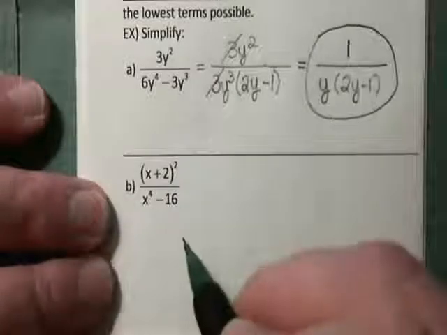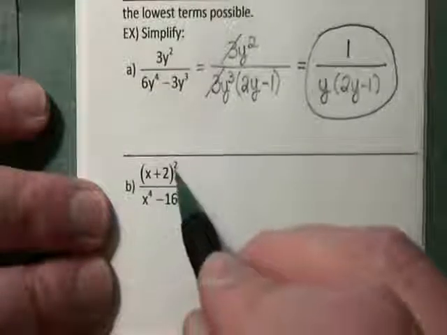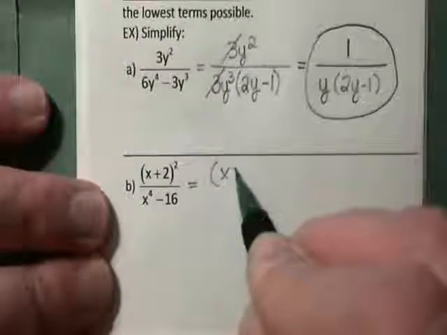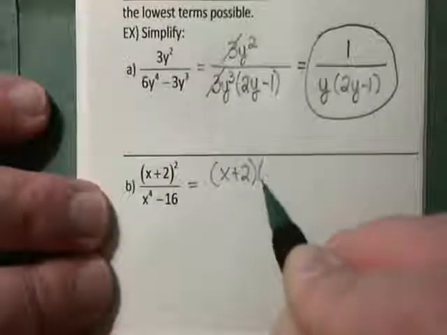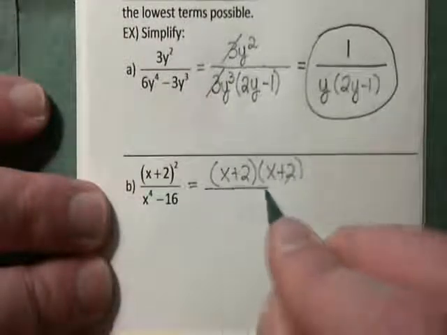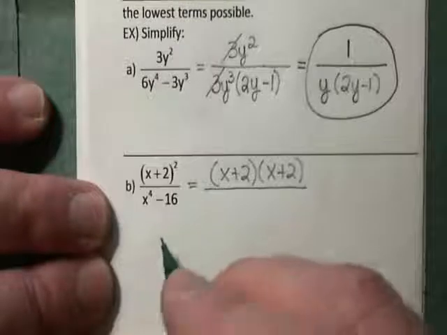The next one, I have x plus 2 squared. Well, I can rewrite this as x plus 2 times x plus 2. On the bottom, I have x to the fourth minus 16.